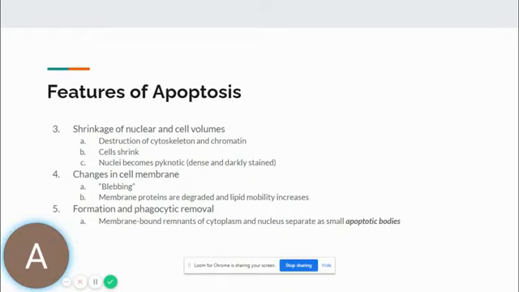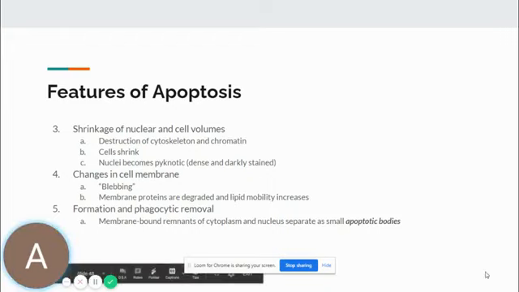Of course, there are changes in the cell membrane. Once the cytoskeleton is destroyed, there will be blebbing, membrane proteins are degraded, and lipid mobility increases. Remember, in the phospholipid bilayer, some of the proteins help keep the stability.